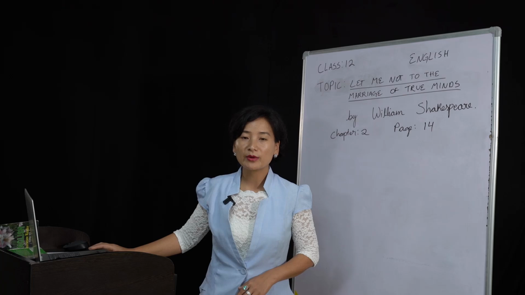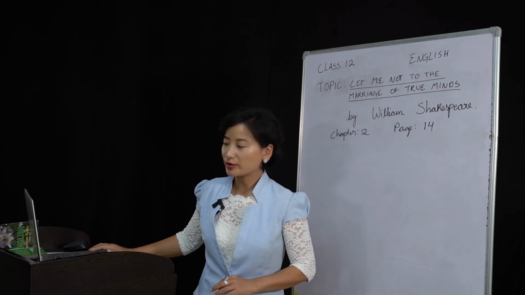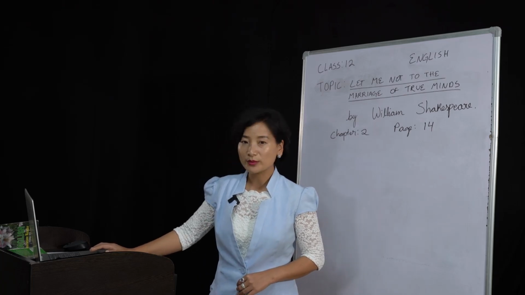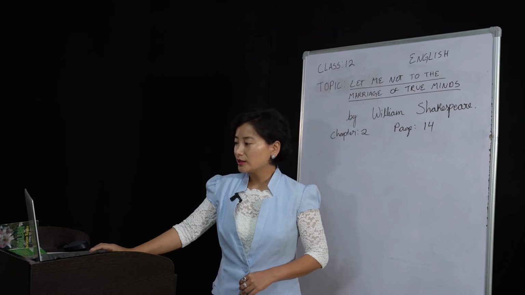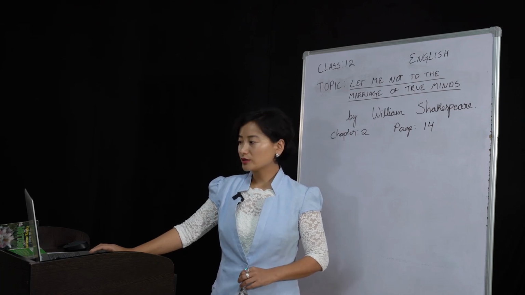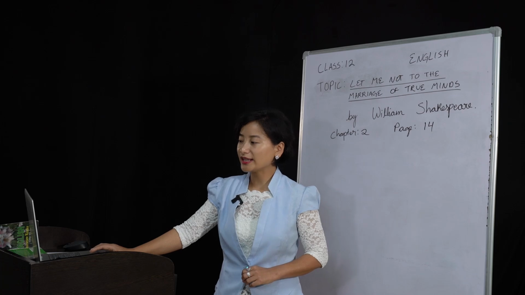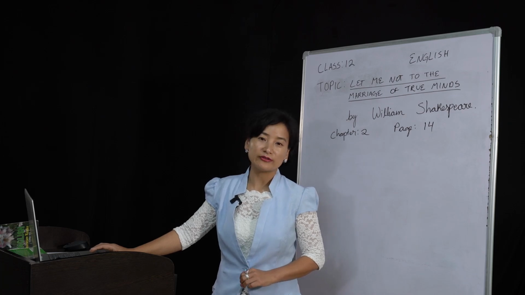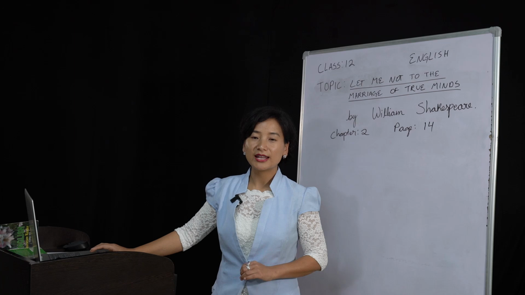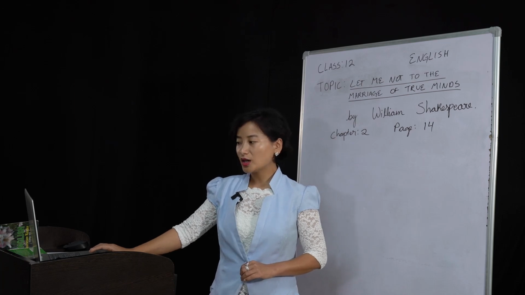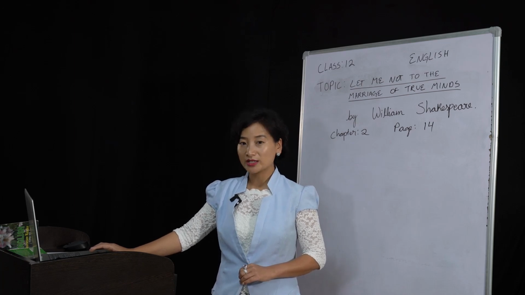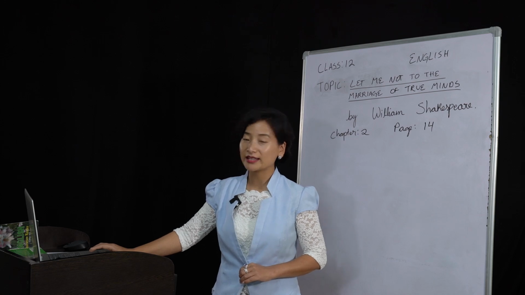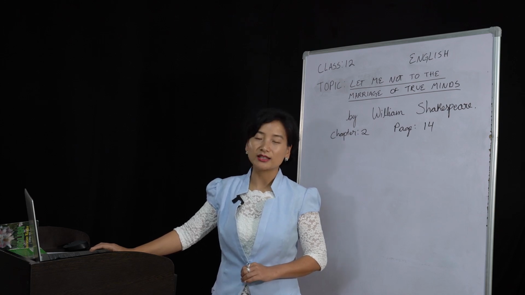So now you may want to note down these points from the first stanza. Stanza 1, points to remember. The poet refused or denied to accept anything less than true love. True love does not allow anything less than perfect love, ideal love.